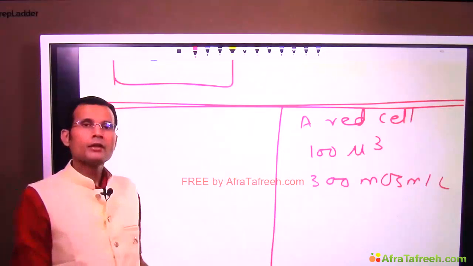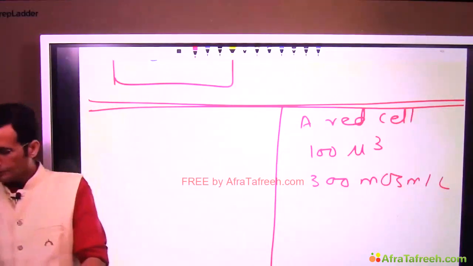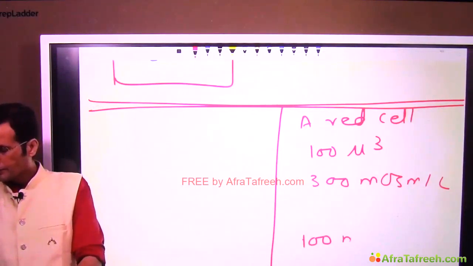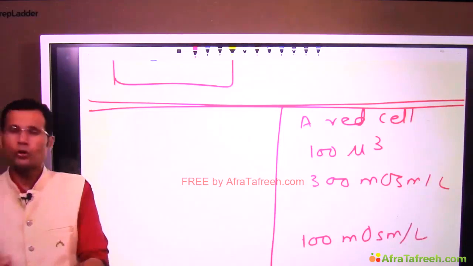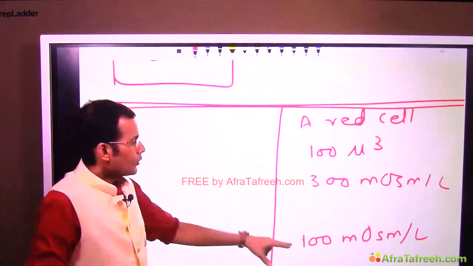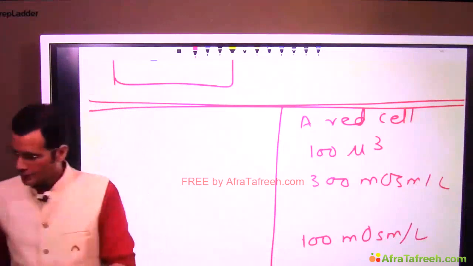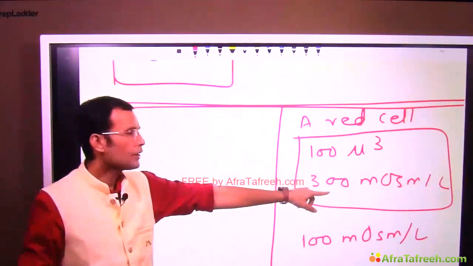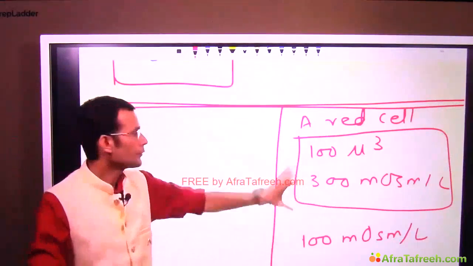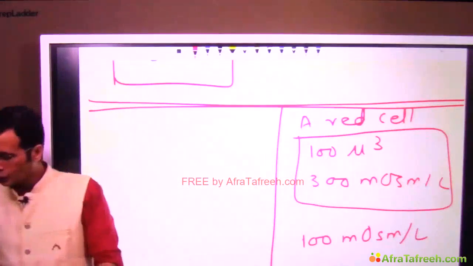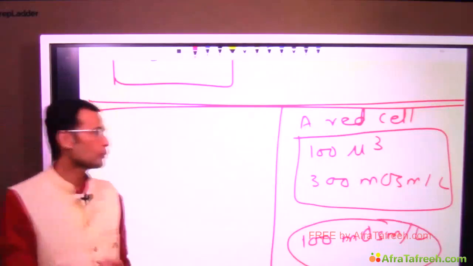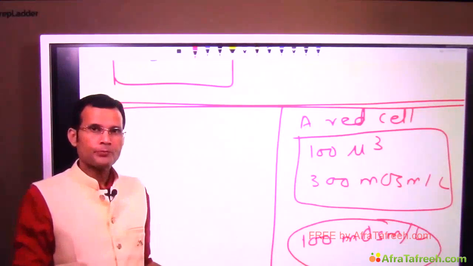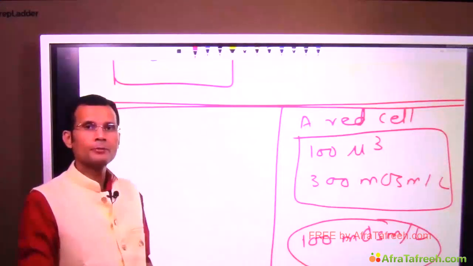This red cell was suspended in a solution having an osmolarity of 100 milliosmoles per liter. How much will be the final cell volume? And you have to solve this particular problem.